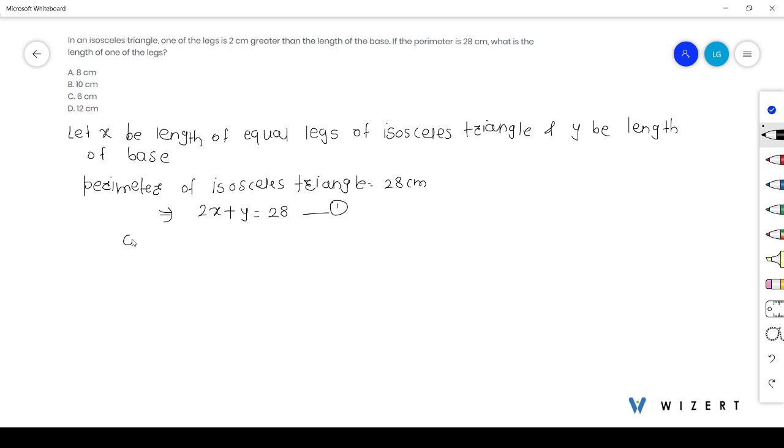Now also we have given that the leg is 2 centimeters greater than the length of the base, that is x equals 2 plus y.